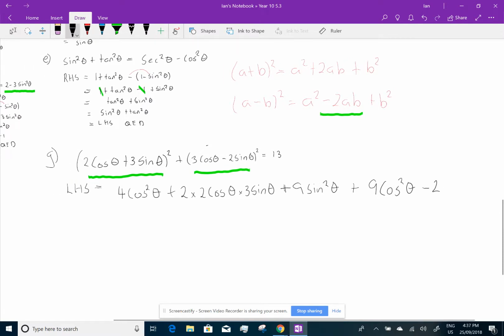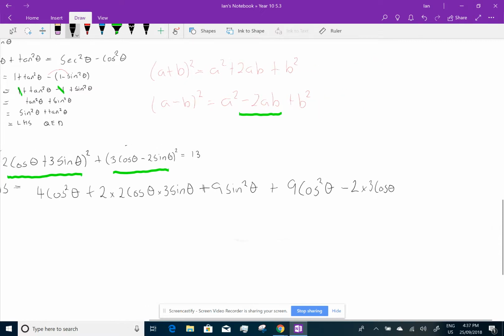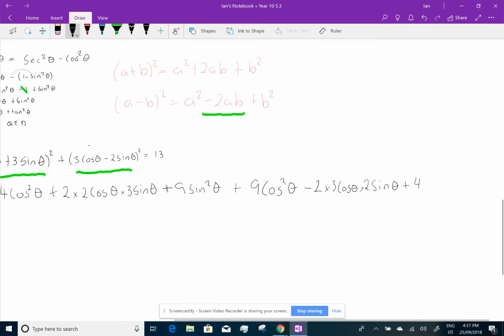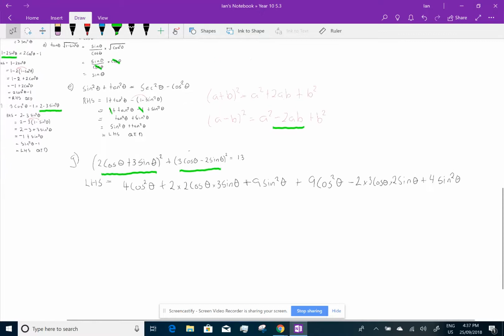Minus 2 times 3 cos theta times 2 sine theta, plus the last thing squared, 4 sine squared theta. And that's it. I'm just going to shrink it so you can see it all.